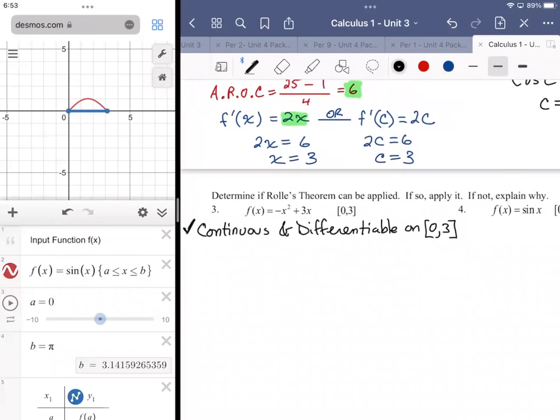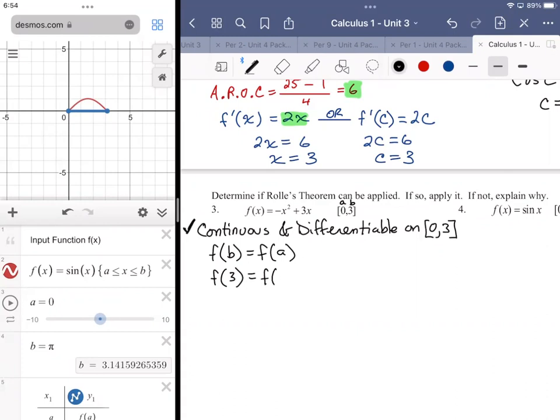The other thing is that f of b has to be equal to f of a. So again, here's A, here's B. So f of 3, or f of A, f of B, doesn't matter what order you do it. Equality is commutative.